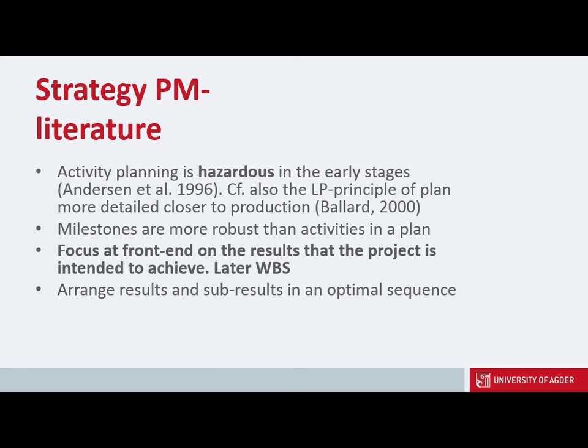Focus at the front end on the result that the project is intended to achieve is the solution here. And later, we focus on work breakdown structure. And focus is also to arrange results and sub-results in an optimal sequence, of course.